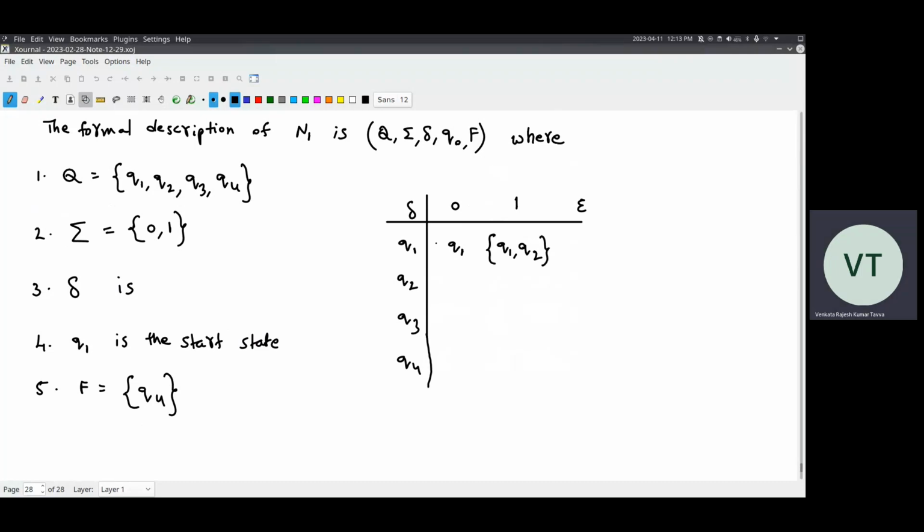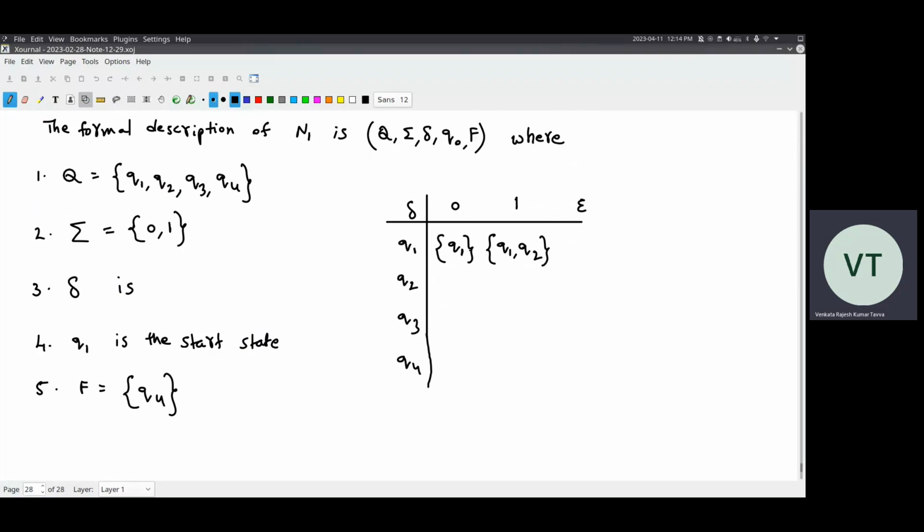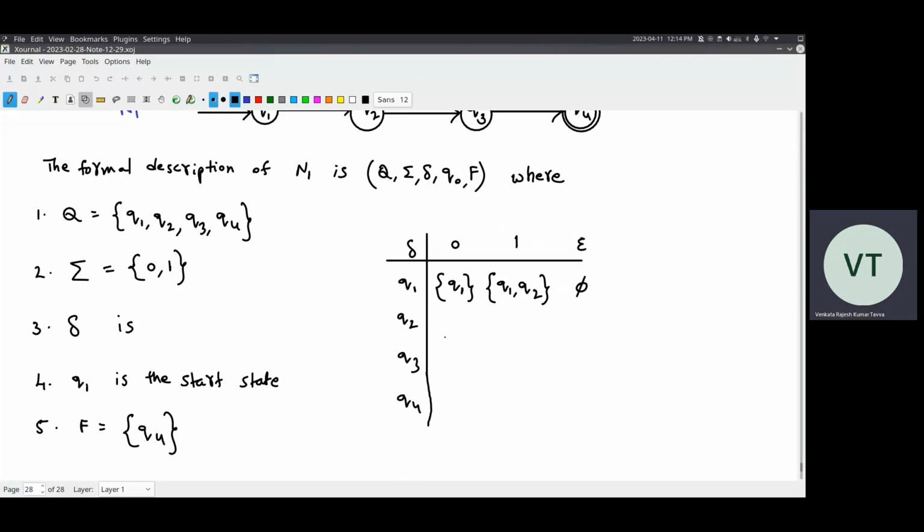Whether you have two elements or one element, you have to put them in set notation for an NFA. For a DFA, there is no set notation, since there is only one state as output, so only that state should be written. In NFA, whether you have one state or two states, you have to put them in set notation. Otherwise, you will be penalized. Q1 on epsilon has no transition arrow, so it is a null set. Now Q2 on 0 goes to Q3.